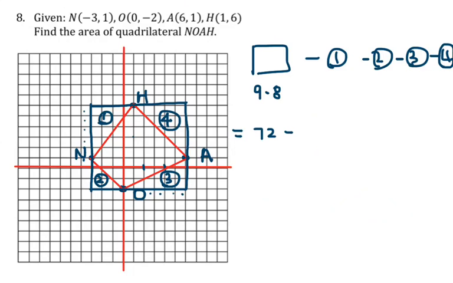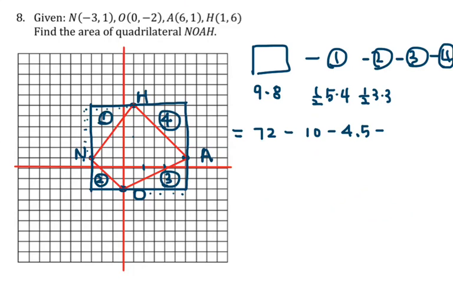First triangle is 5 and 4. So 1/2 5 times 4, which is equal to 10. Second one is 3 by 3, which is 1/2, 3 times 3, which is equal to 9 divided by 2, so we get 4.5.